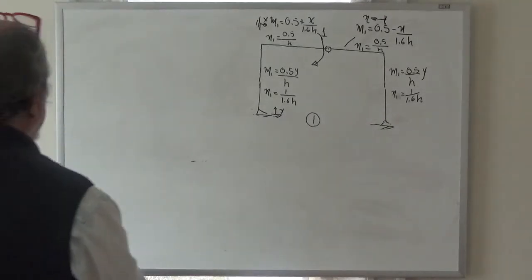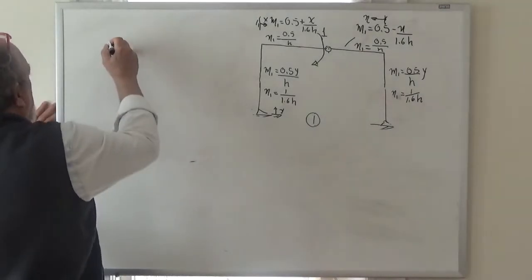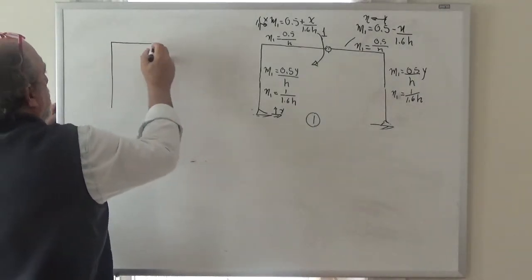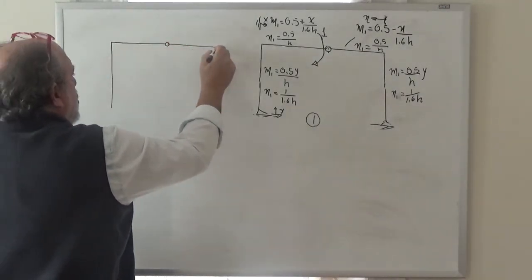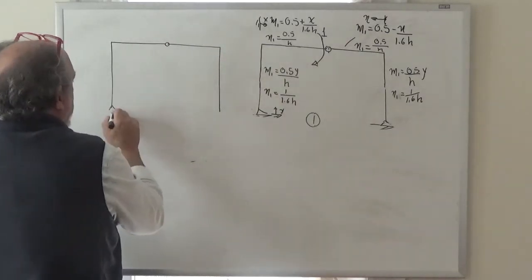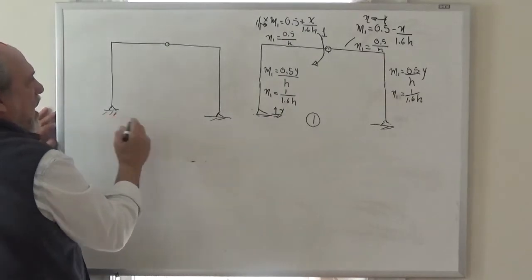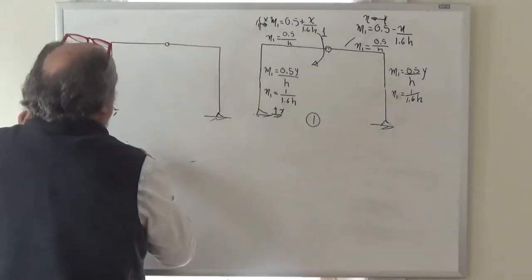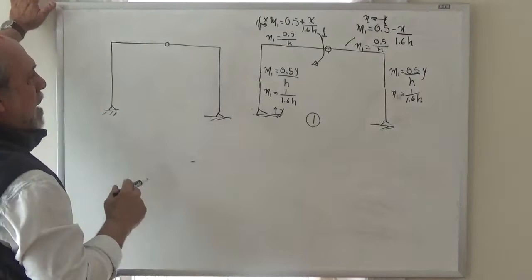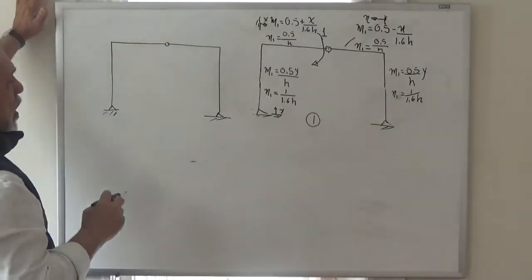So let's ask the question for a different load, but not a load itself. Let's just say, what is the rotation on the left side of the hinge at C if what we have is a temperature change over bar BC?